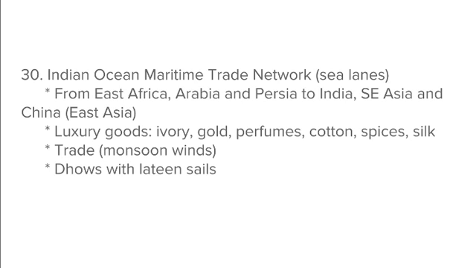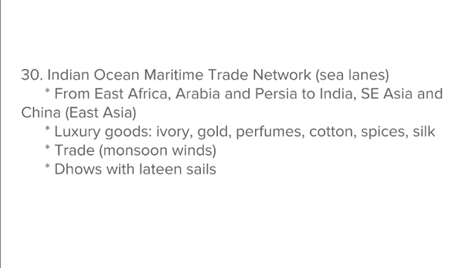We see ivory from Africa, gold and perfume from Arabia, cotton from India, spices from Southeast Asia, and silk from China. And the sailors who are traveling are going to be dependent on the monsoon winds.